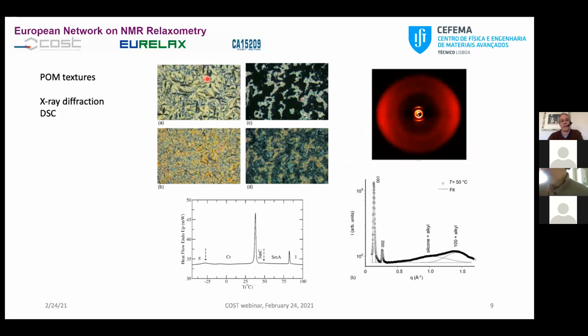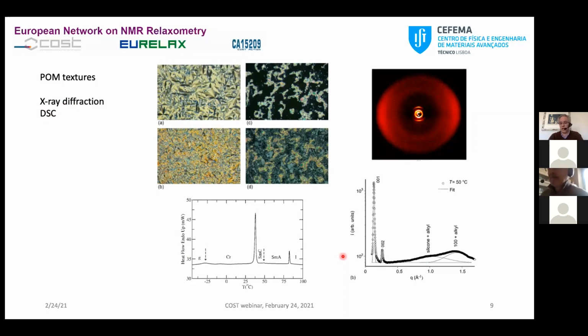Of course, all these textures have an explanation, and it's possible to correlate the type of texture that we observe with the type of molecular organization that the system presents. Naturally, X-ray and DSC, but in particular X-ray, will be the technique of choice to identify the structure, the molecular organization.